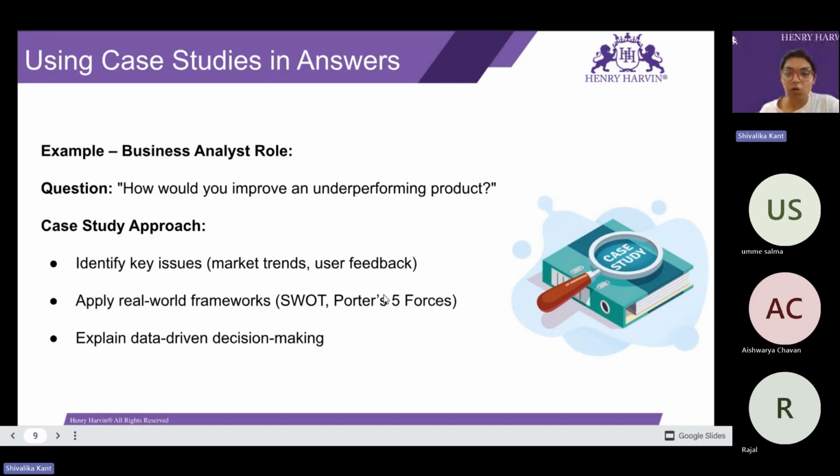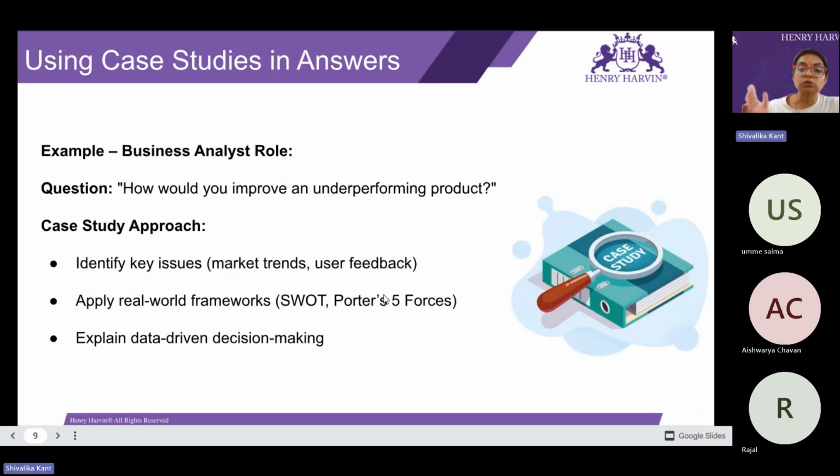We discussed that already, right? Then highlight tools, tech, and frameworks. Don't just say what you did. Mention the specific technologies, methodologies, or frameworks you applied. This shows the depth of your technical knowledge.